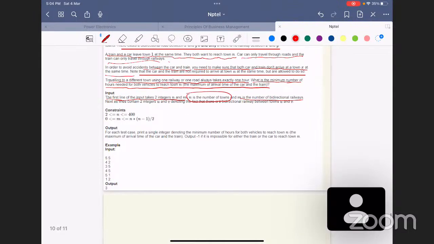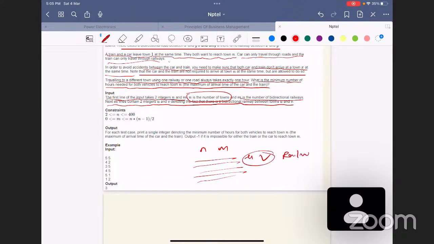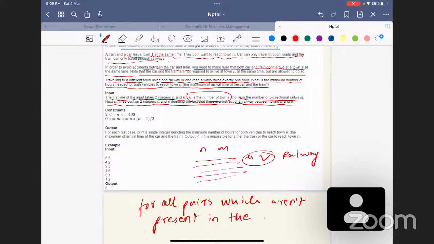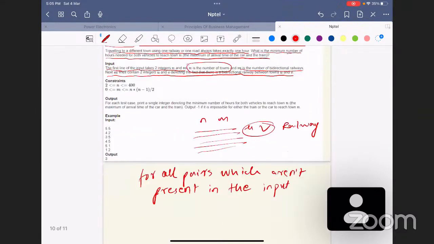The next M lines will contain two integers U and V, denoting that there is a bidirectional railway between towns U and V. So we will take N, we will take M, and for the next M lines, we will take U and V, meaning there is a railway between U and V. For all pairs which are not present in the input, that means we don't have a railway joining U and V.